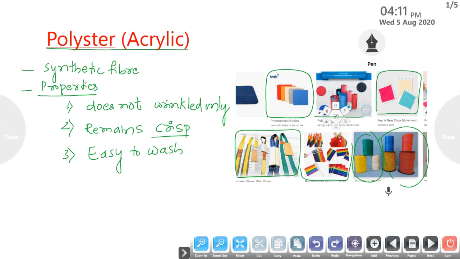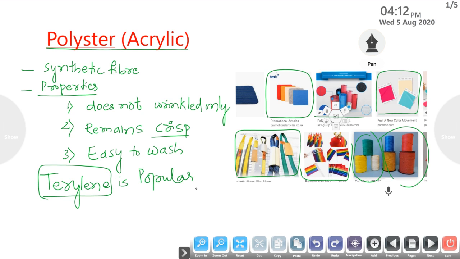Okay, among the polyesters, terylene is a popular polyester. So we have so many types of polyester items. Among them terylene is a popular polyester.